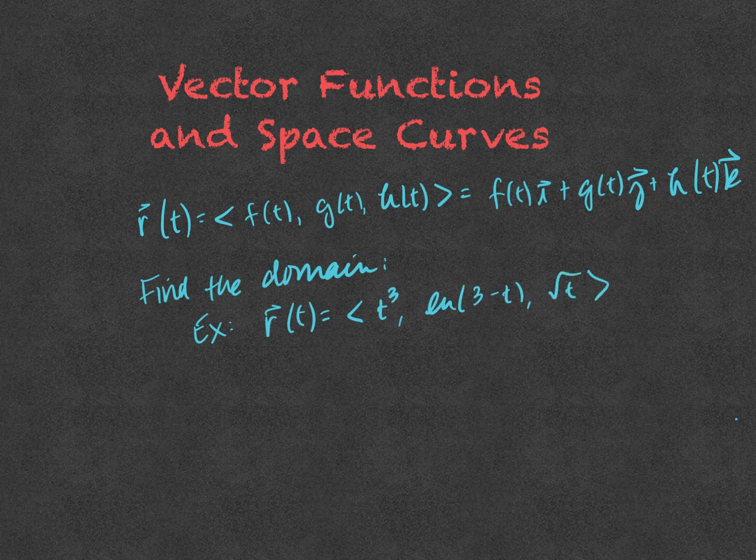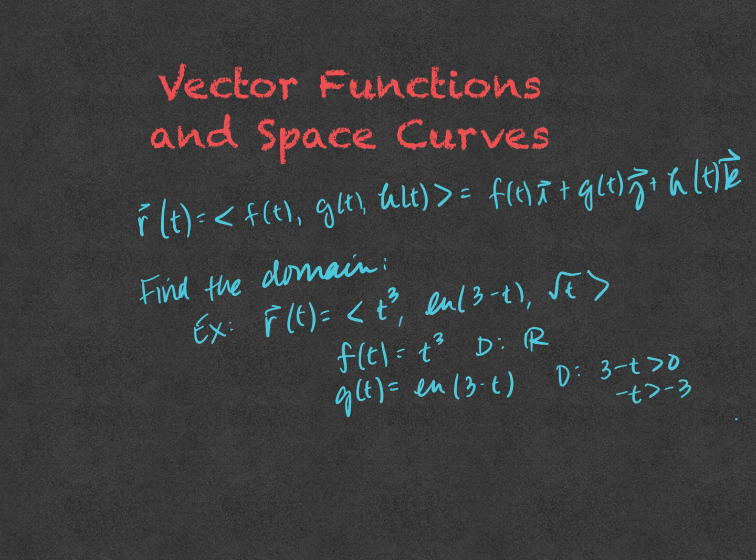As we look at this, let's take each of the pieces. Let's say f of t equals t to the third. The domain of t to the third is all real numbers, which is negative infinity to positive infinity. The second function, g of t, is natural log of 3 minus t. When we find domain, we say 3 minus t has to be greater than 0. So negative t is greater than negative 3, so t is less than 3.